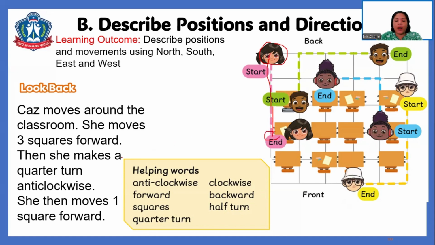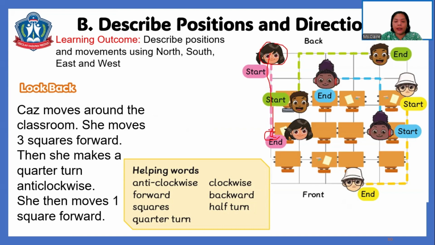Then she makes a quarter turn anti-clockwise. And then she moves 1 square forward. So from here, she turns a quarter turn anti-clockwise like that.